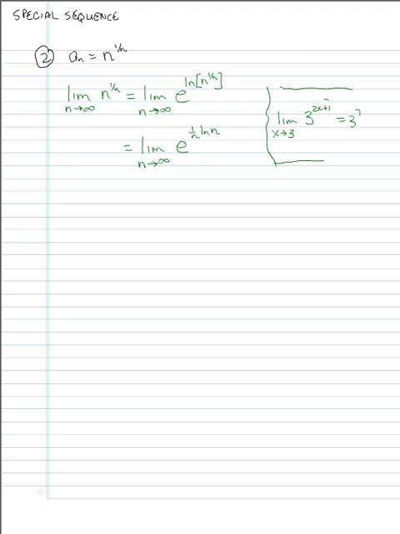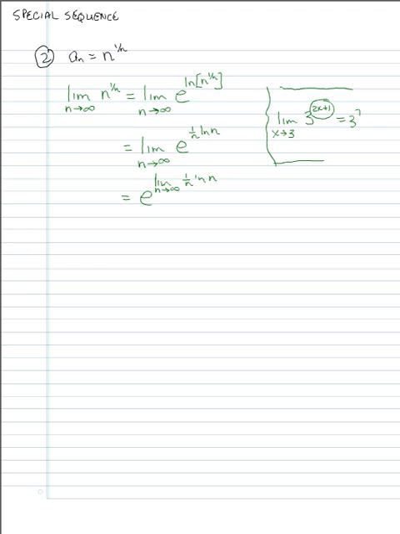So what you really did is just calculate the limit of the exponent, since the base was constant. As x changed, the base 3 didn't do anything. So that's what we're really doing here: the limit of e to the power is the same thing as e to the power that we calculate by finding the limit of the power. So the result is e to a power that's the limit of 1 over n times the natural log of n.